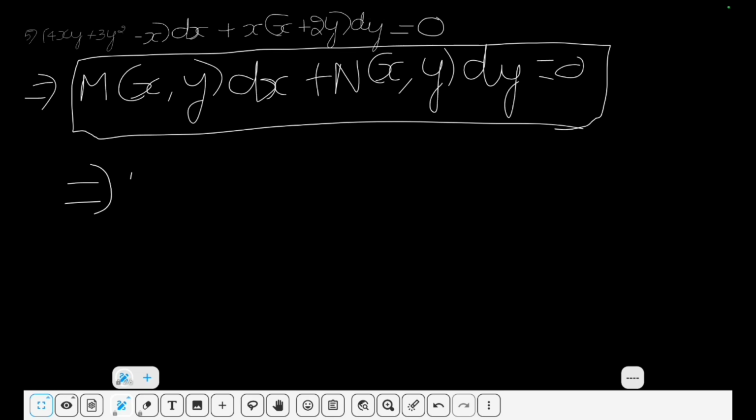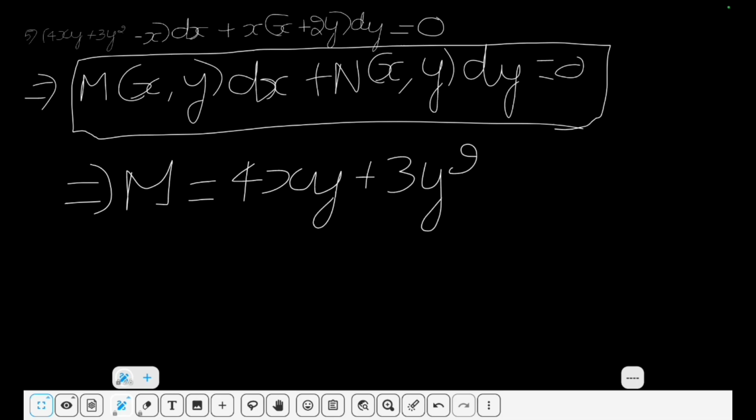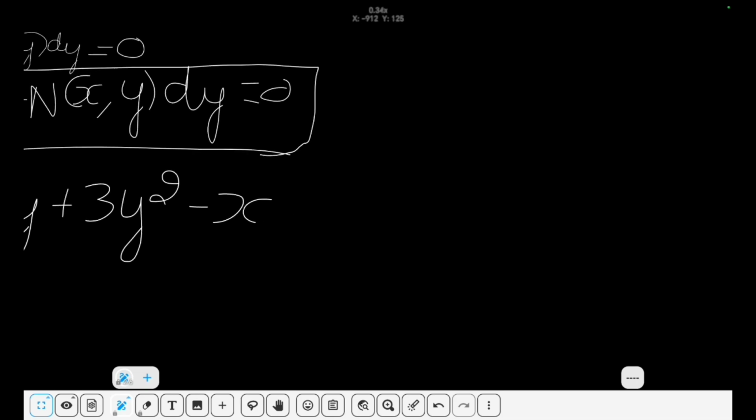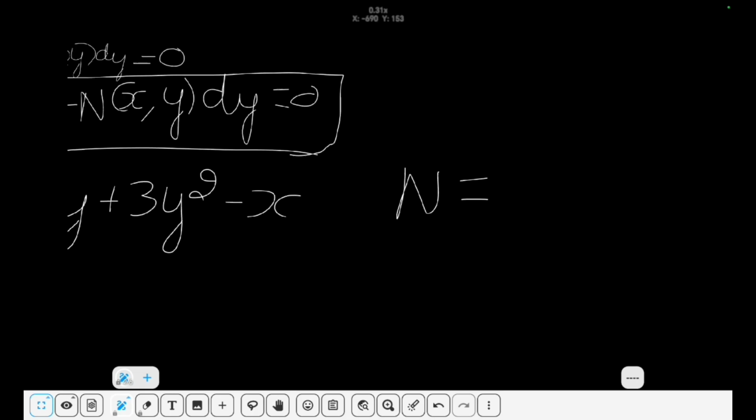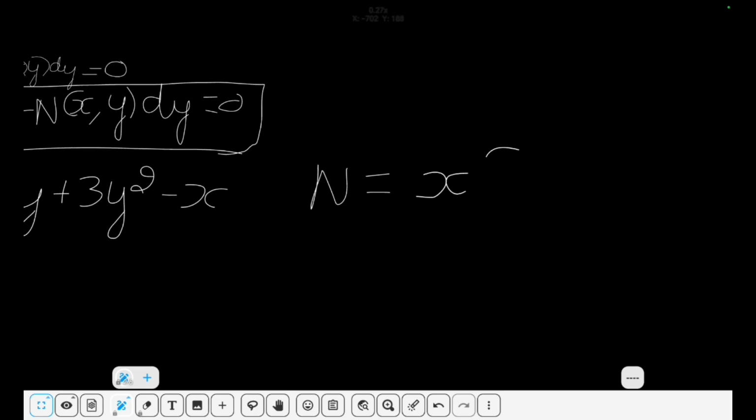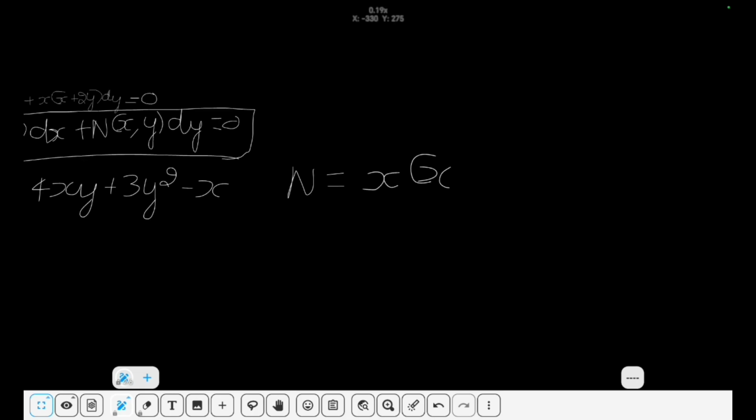So we take M as 4xy + 3y² − x, and N as x(x + 2y).